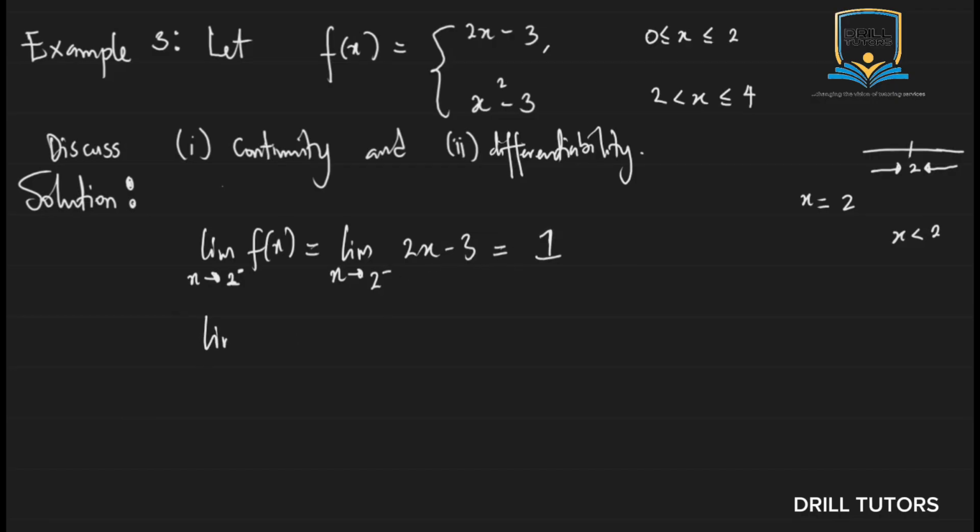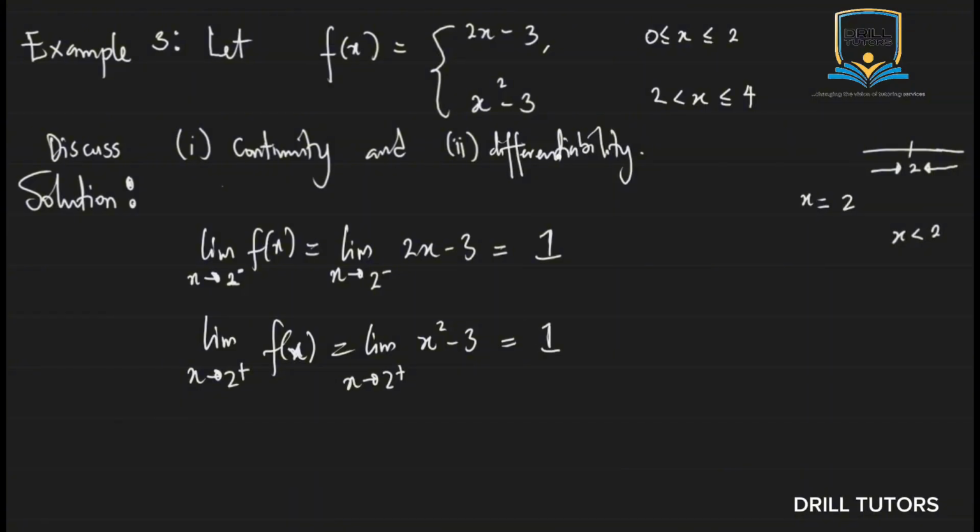If you check what is happening from the right, the limit as x tends to 2 from the right of the function is the same thing as finding the limit as x tends to 2 plus of x squared minus 3. Like I said, that's when x is greater than 2. So if you put 2 inside, you have 4 minus 3, and that is 1.